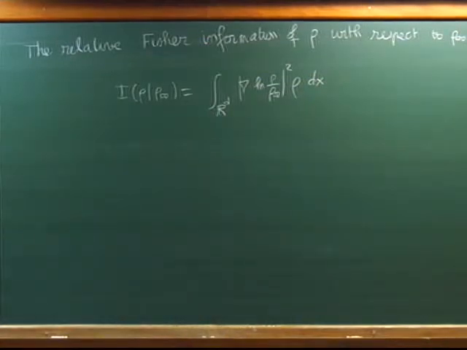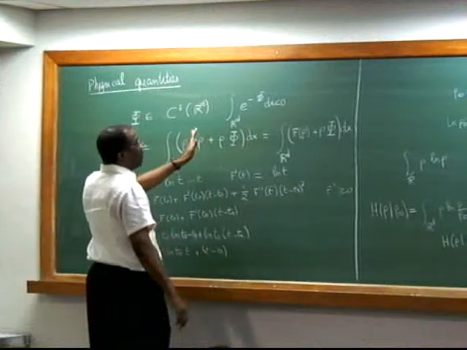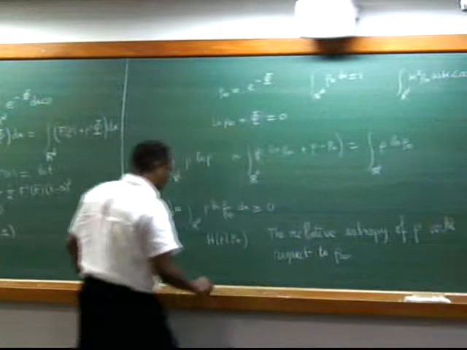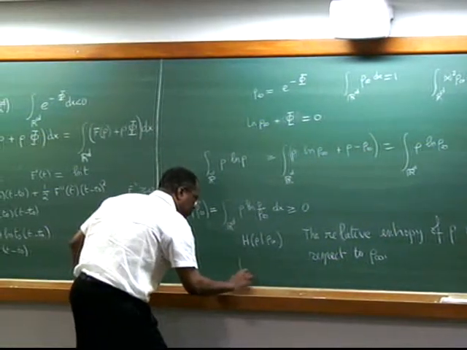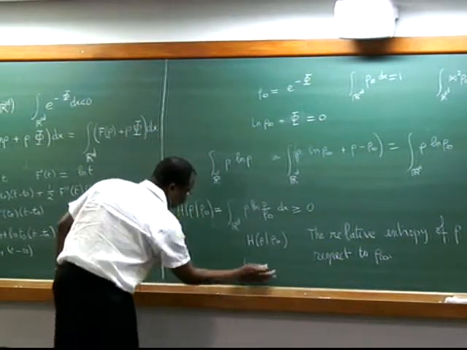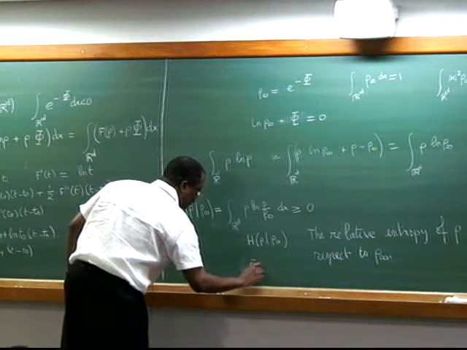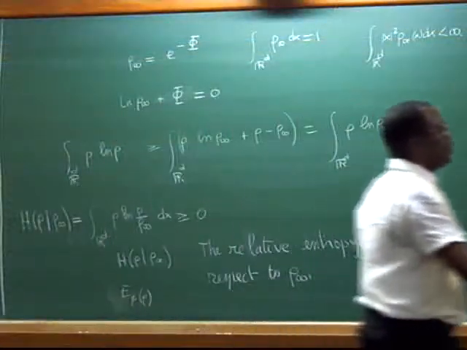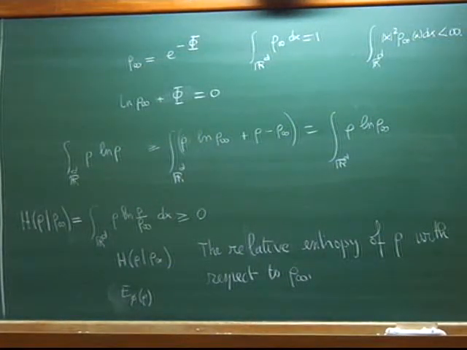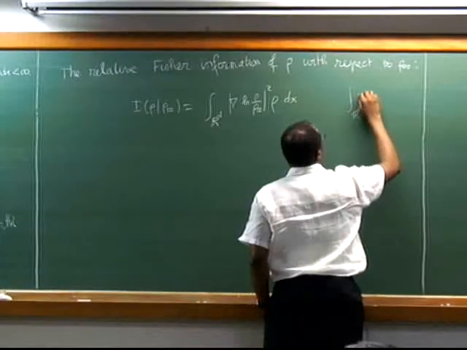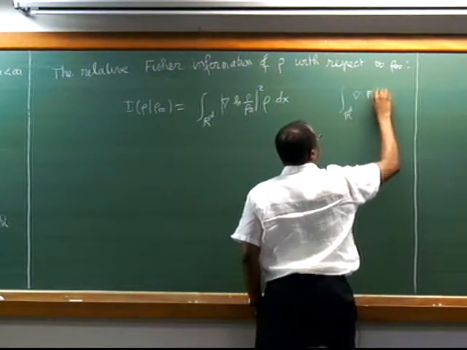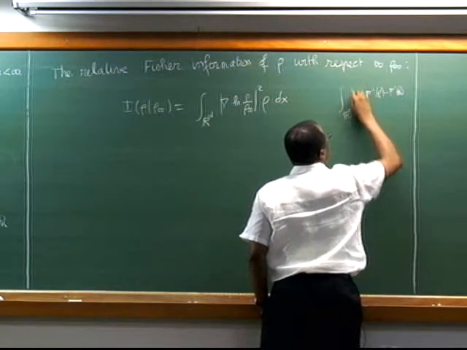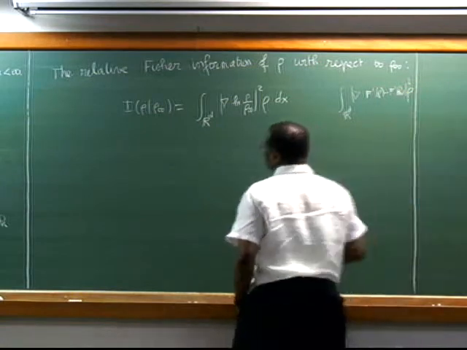So in general, if I use any function f instead of rho log rho, then the relative entropy will be E of rho, sorry, and the Fisher information will be the integral over R^d of the gradient of f prime of rho minus f prime of rho infinity, squared, rho.